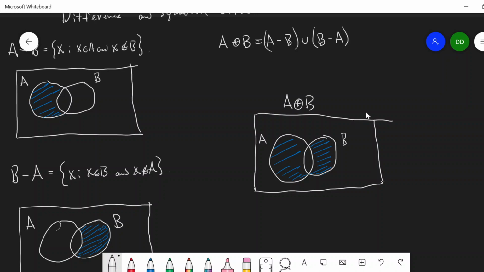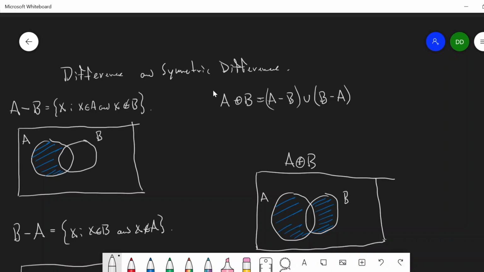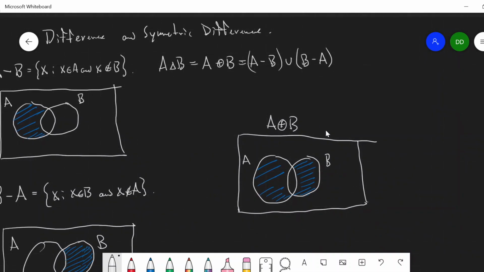A symmetric difference B. Now there are some other notations that go along with symmetric difference. If you're reading other textbooks, you might see A triangle B. This is the same thing as the symmetric difference. So notice we're using this circled plus notation again. Why is this? I want you to think about it for a little bit. Why are we using the same notation? Remember what we used this for before.